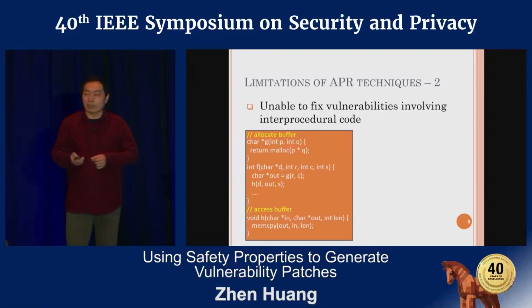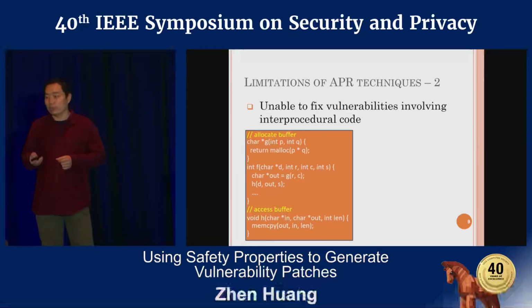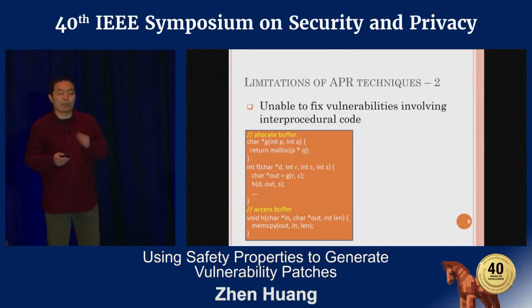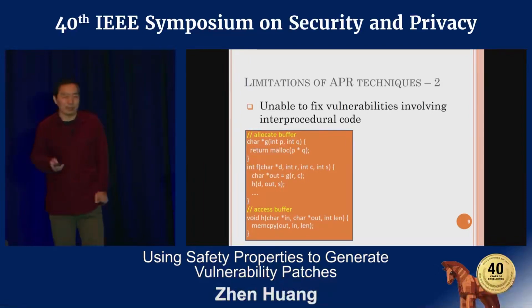However, they cannot generate the correct patches when the allocation of the buffer and the access of the buffer occur in different functions. The example is the result of breaking down the previous example code into 3 separate functions. Function G allocates the buffer. Function H accesses the buffer. And function F calls G and H to allocate and access the buffer.